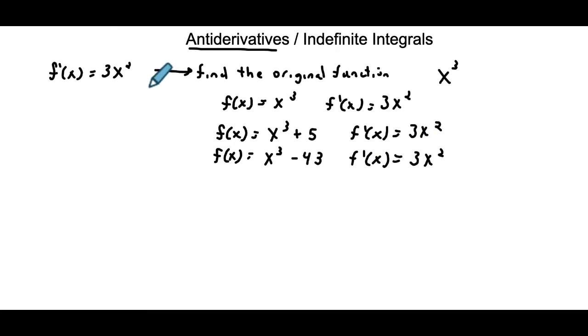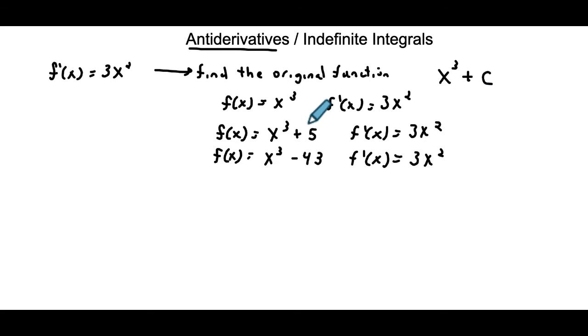And because there are infinitely many functions that have the exact same derivative, what we would say is that if our derivative is 3x squared, our original function is x cubed plus c.